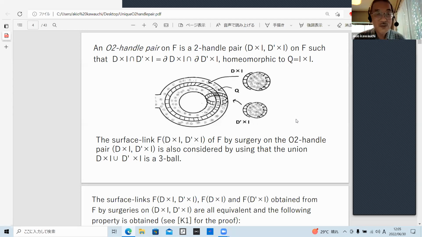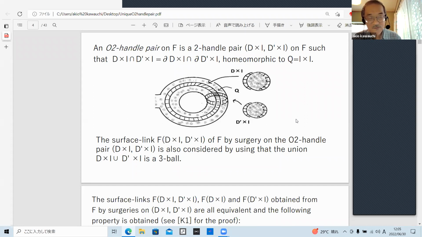This is an O2-handle pair. The surface link is obtained from F by surgery on the O2-handle pair, and it is also considered using the union of D×I and D'×I, which is just a 3-ball.